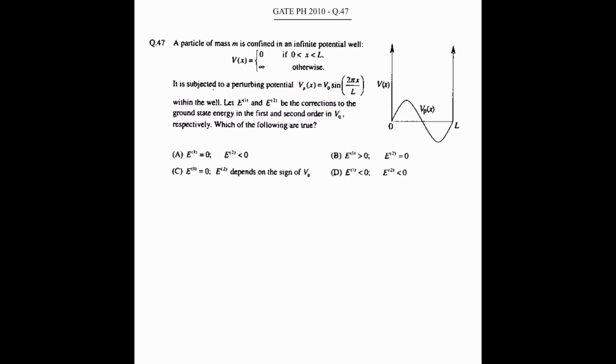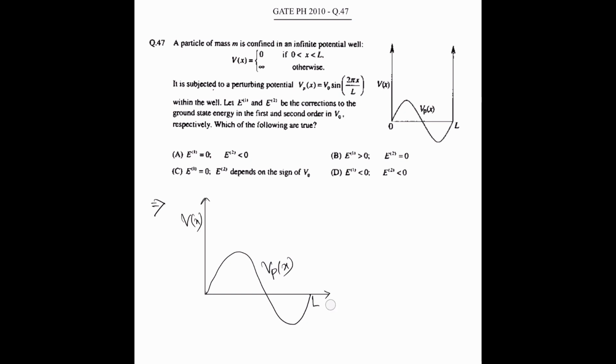So this is a time independent perturbation theory problem. So let's solve this. The perturbation is given by this potential V_p(x). This is V(x).